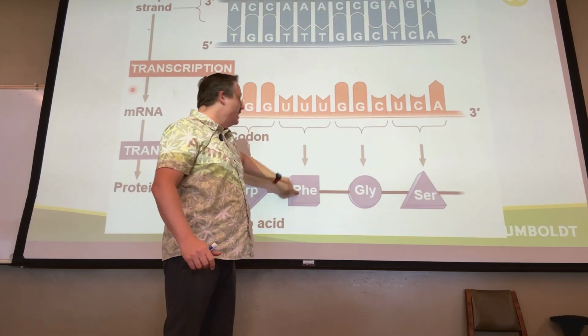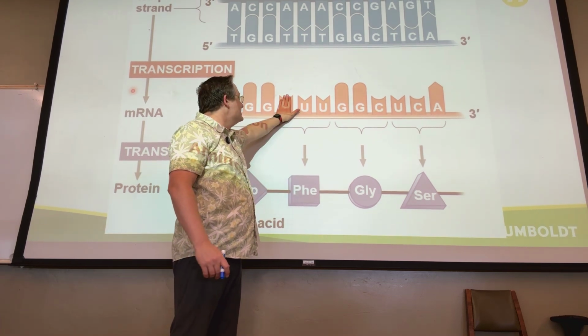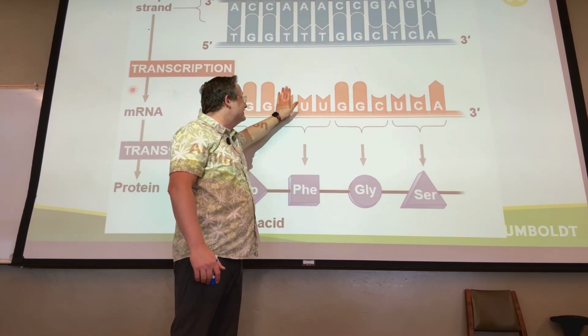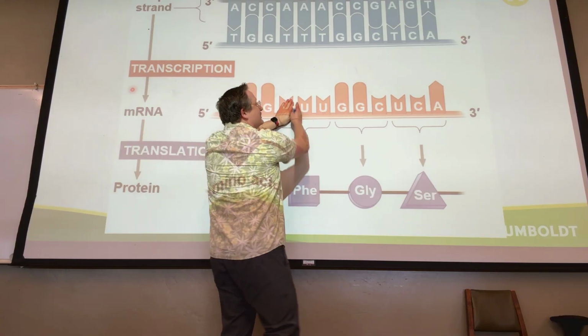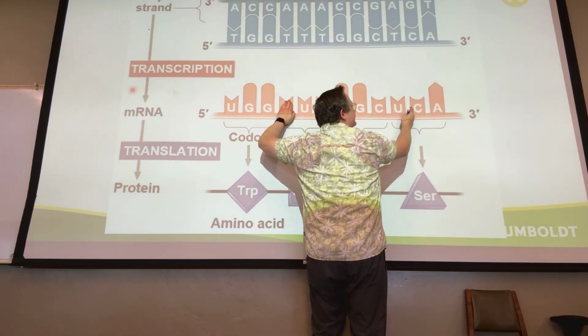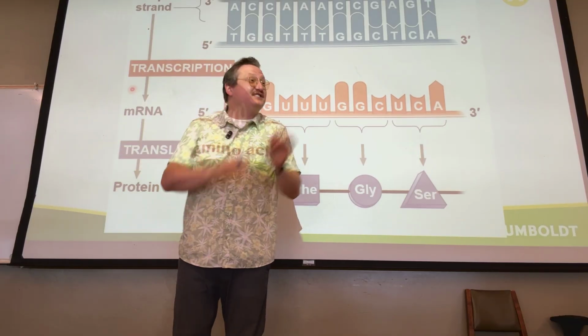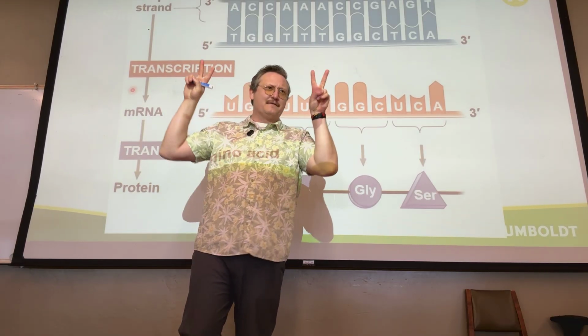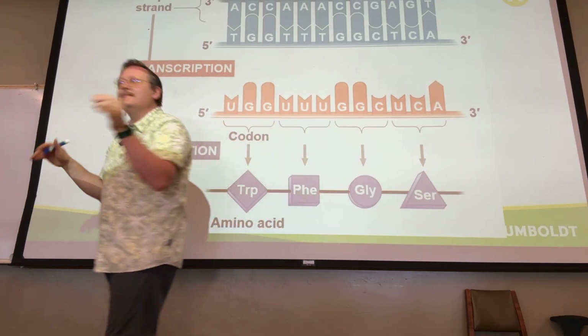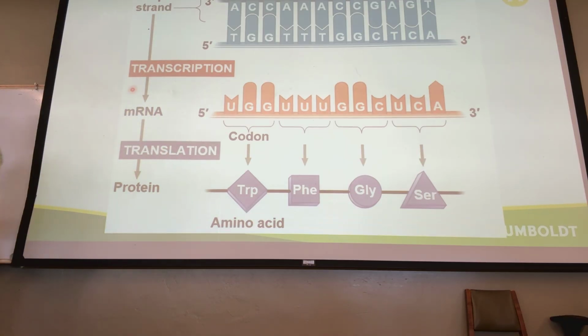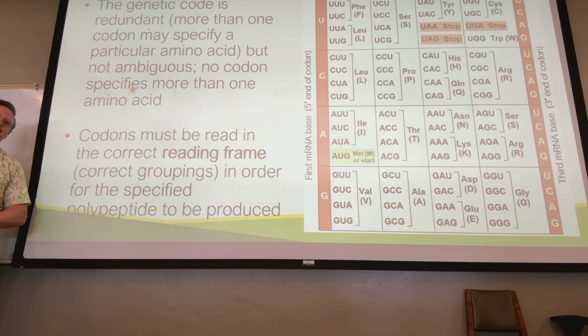But it's not just one amino acid that's going to be changed. All of these additional codons downstream are read in units of 3, so every codon gets shifted. We call that a frame shift mutation. The reading frame changes. It's going to come up later, but that explains the last bullet point here, okay?